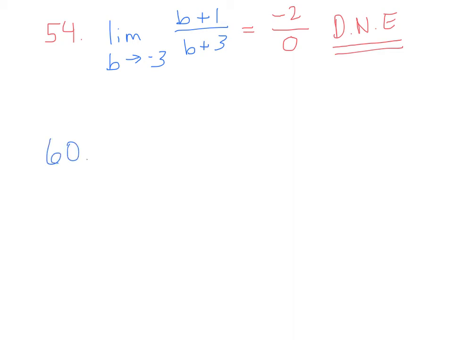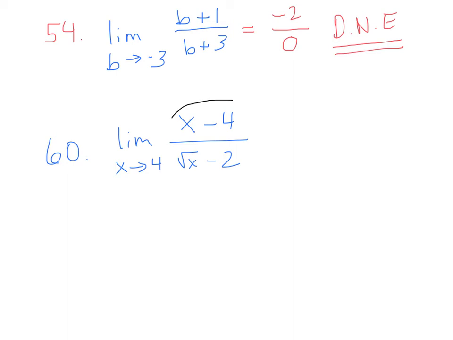And 60, I wanted to show you because there's a weird factoring situation. It's doable, but you have to really want to see it. So I'm going to help you out on it. It says x minus 4 over the square root of x minus 2. And even though it doesn't look like it, we can factor this numerator in the same way that we did problem 50.